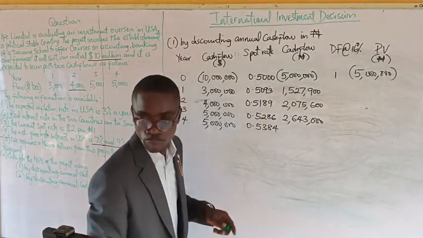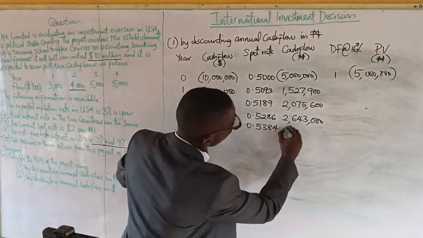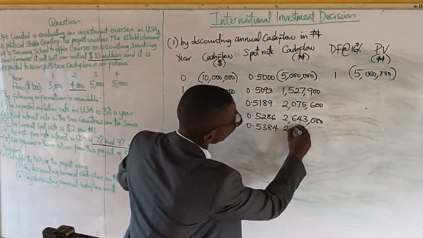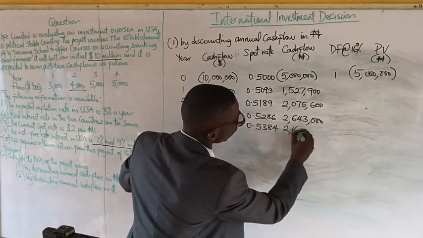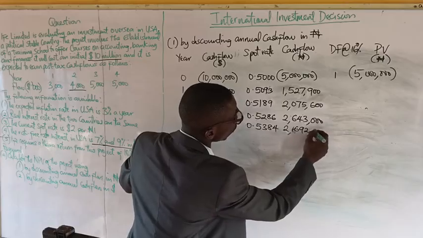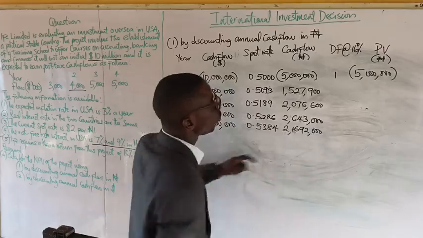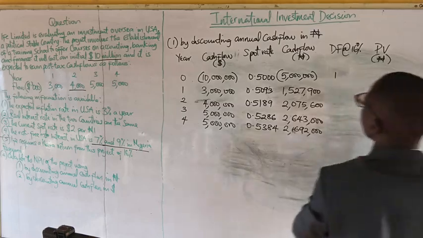Okay. Next one is 2 million 692,000. That's all.